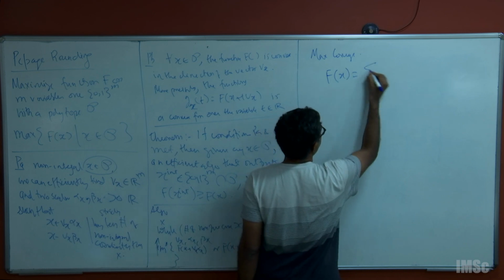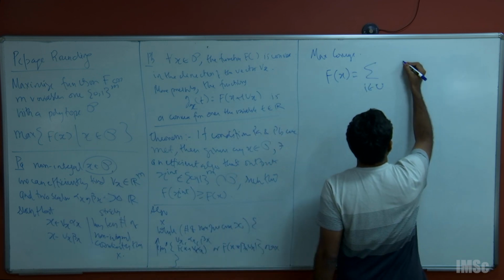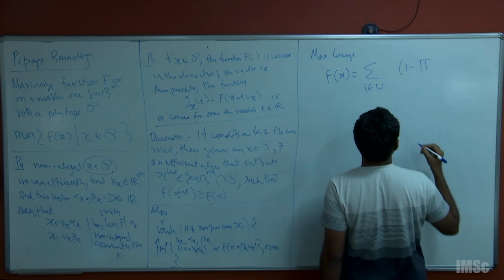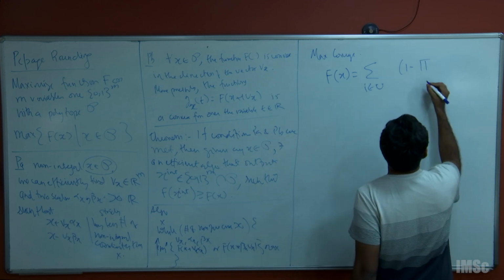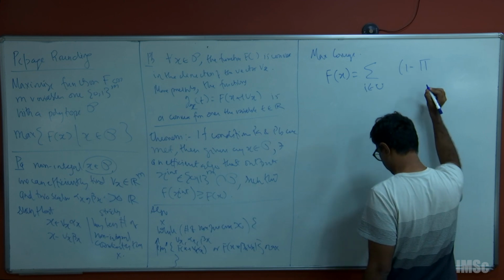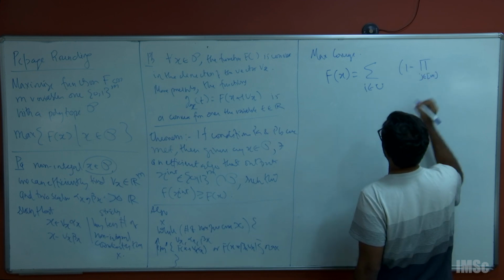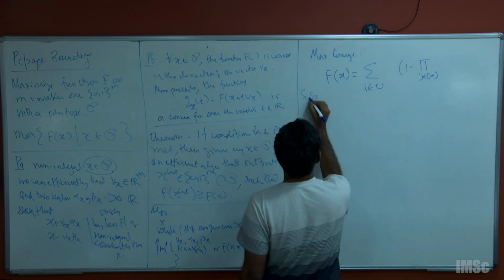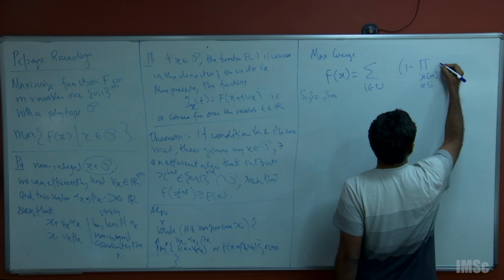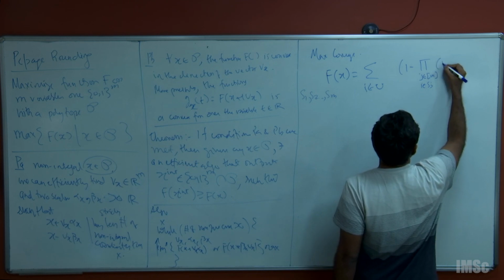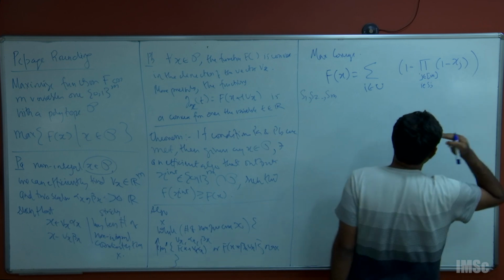F of x was summation over i in u of 1 minus product over j in 1 to m, because this was S1, S2, Sm, sets, with i in Sj, of 1 minus xj. Was that correct?